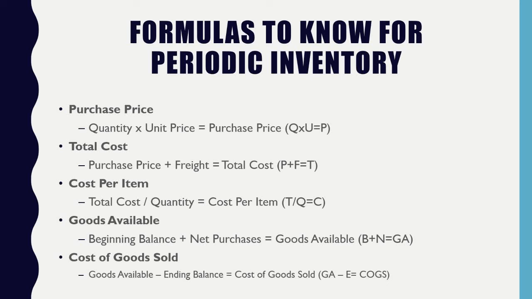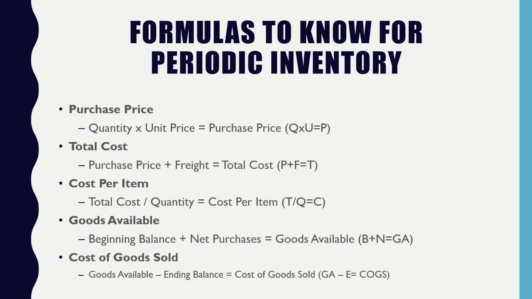Our total cost is going to be our purchase price plus our freight cost. And then the cost per item is pretty straightforward: you want to know how much it costs for one item, so that's your total cost divided by your quantity.